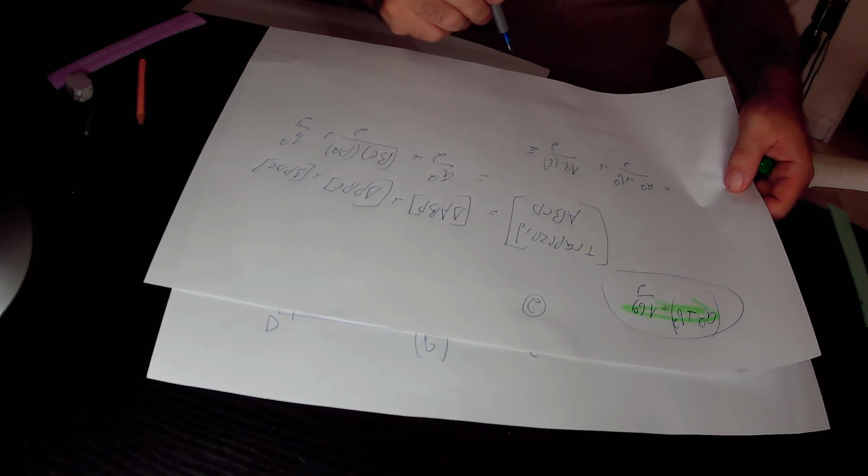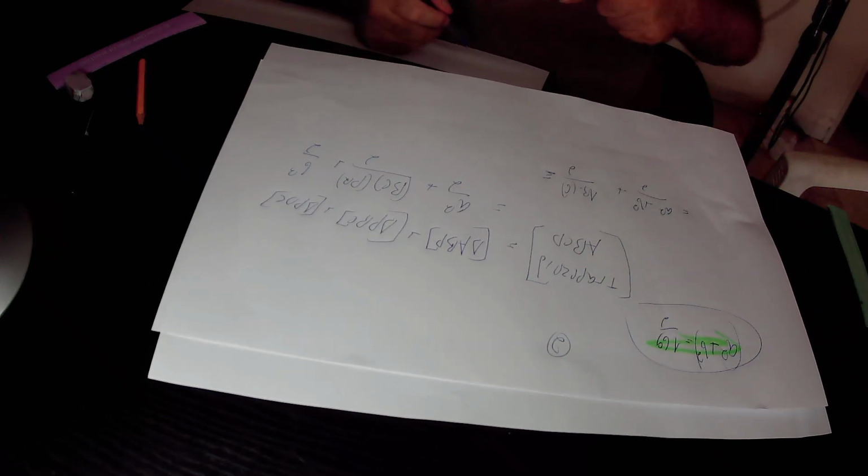So in total, the area of trapezoid ABCD equals A squared plus B squared over 2, plus 13 times 6 over 2.